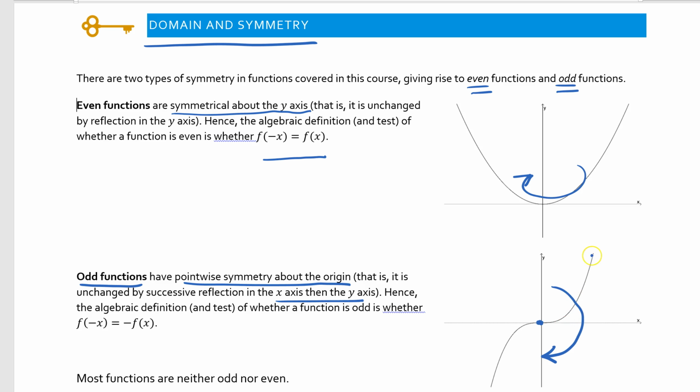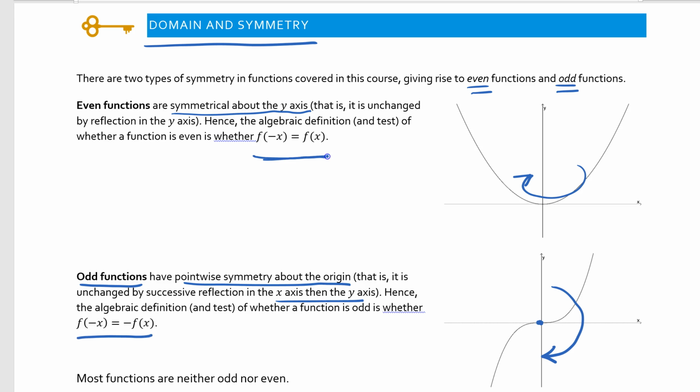So the first reflection of this part here, I'll just concentrate on the upper part, gives you that, and then we reflect in the y-axis and we get to that, because the other half goes exactly the same. Now, the algebraic definition is f of minus x equals minus f of x.